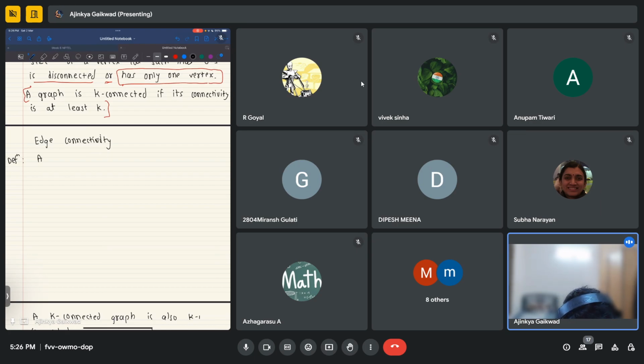A disconnecting set of edges is a set F, which is a subset of edges, such that G minus F has more than one connected component.